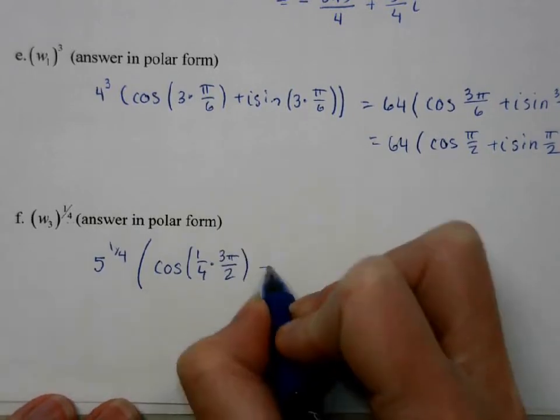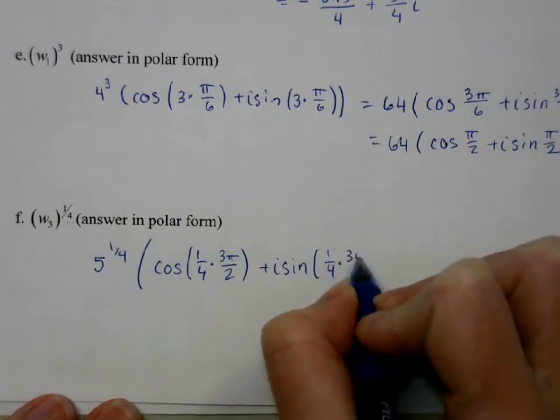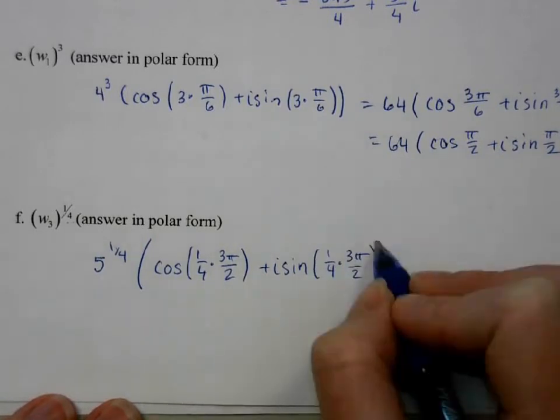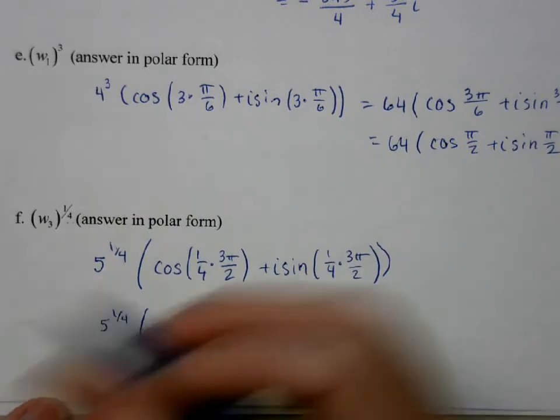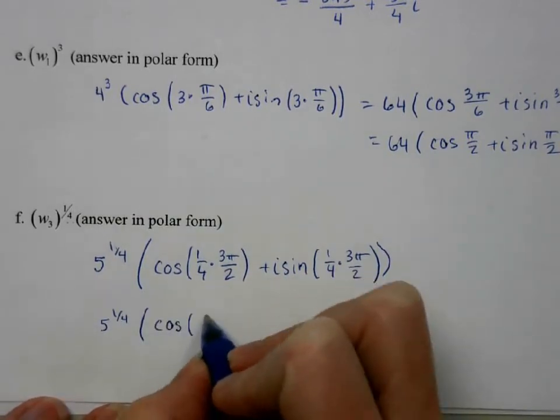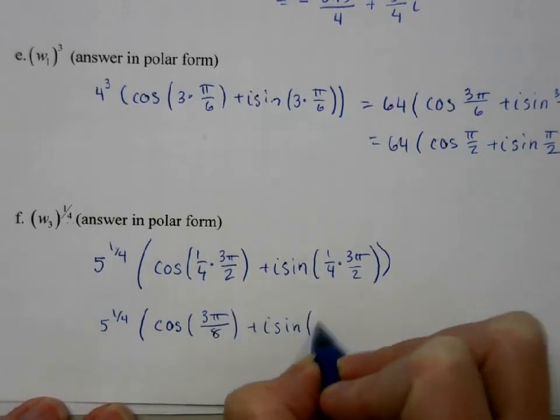So that's going to be 5 to the 1/4. We just leave it like that. We don't know what that is. So we'll have 3 pi over 8 plus I sine 3 pi over 8. So that is your Unit 7 review over polar coordinates.